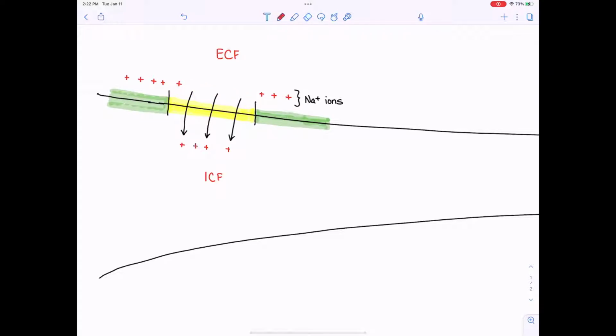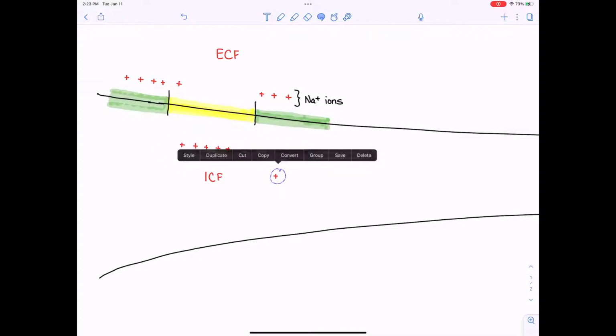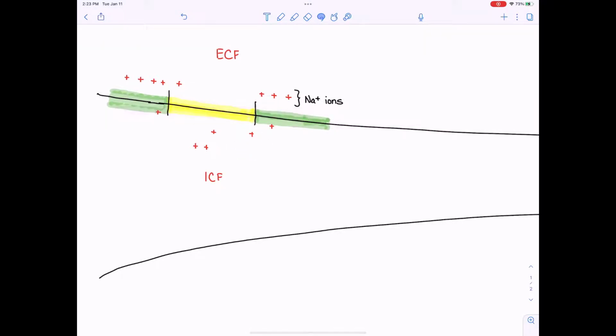Well, that sodium doesn't just stay there. It starts moving about. It starts dispersing. And so some of the sodium moves left and some of the sodium moves right. When the sodium starts moving left or right, that actually brings positive charge to the neighboring membrane. And so it turns out that this positive charge is what creates the depolarization needed to start an action potential in the adjacent section of membrane.